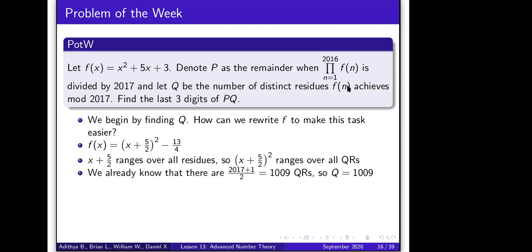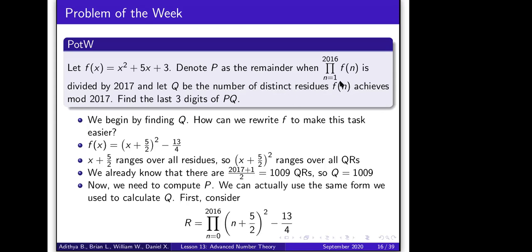Now let's deal with P. So we're going to actually use the same form when we complete the square. So note that P doesn't include n equals 0. So we're going to define R to include n equals 0 since it's actually slightly easier to solve for. So R is equal to the product from n equals 0 to 2016 of n plus 5 over 2 squared minus 13 over 4.